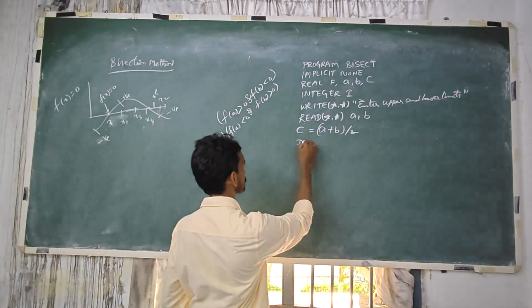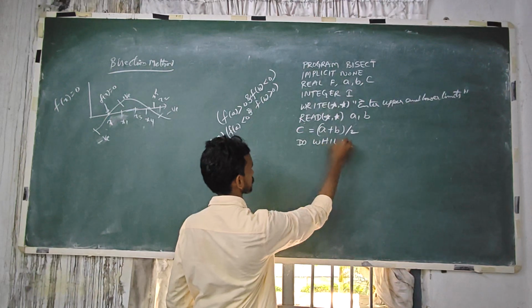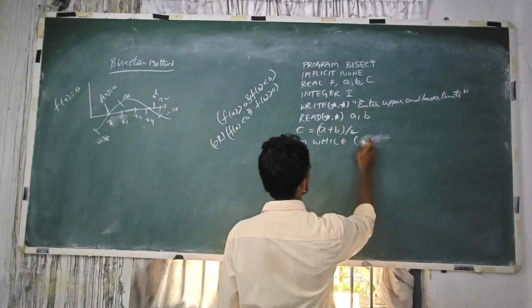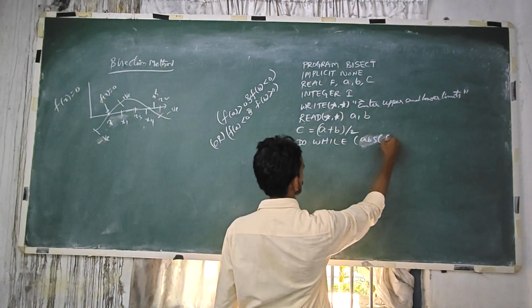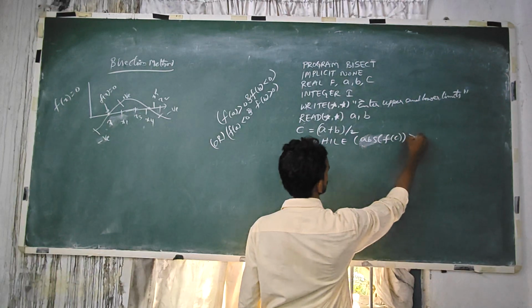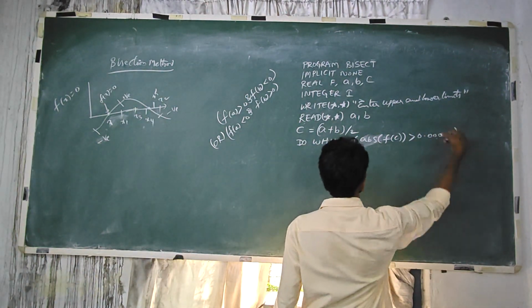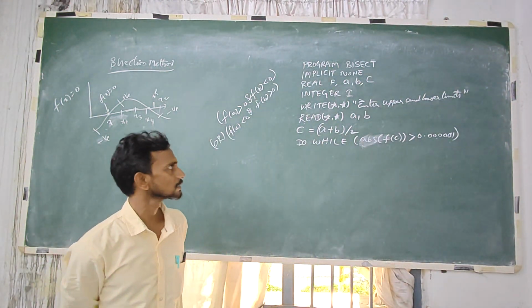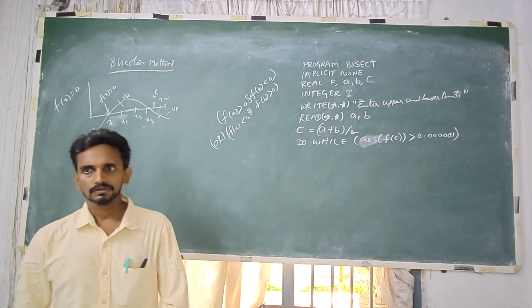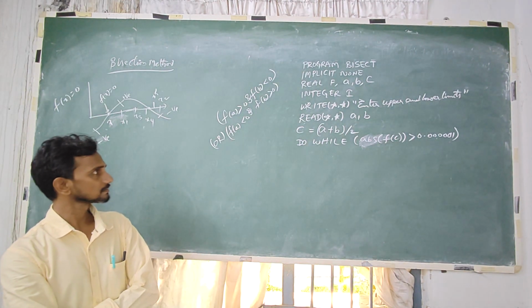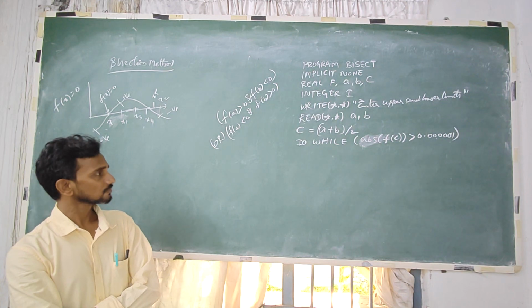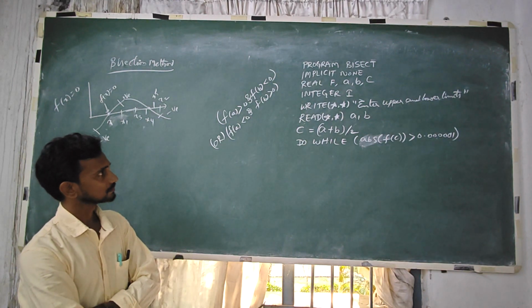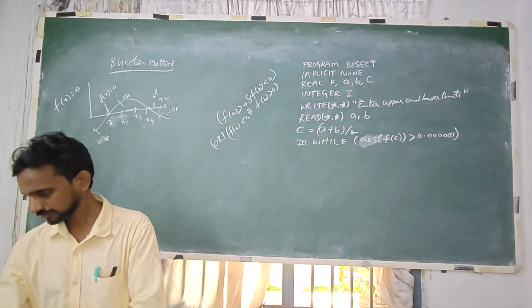So do while absolute f of C. ఏం చేయాలంటే, first of all we have to ensure this part, right? We have to identify the interval first of all.